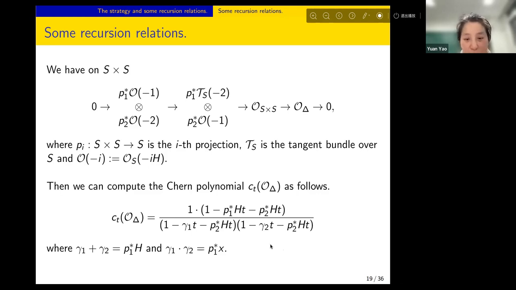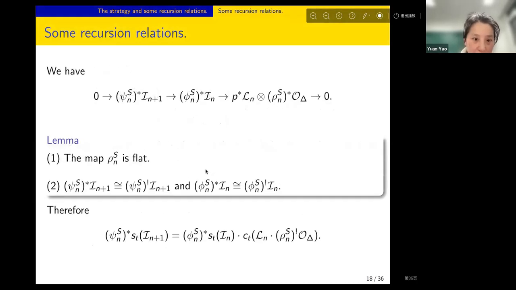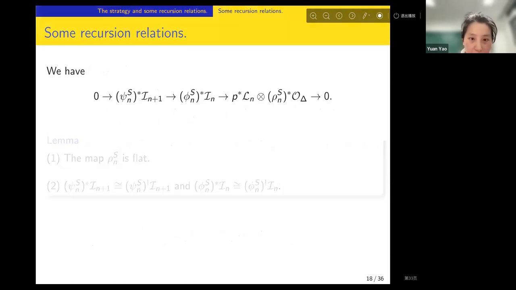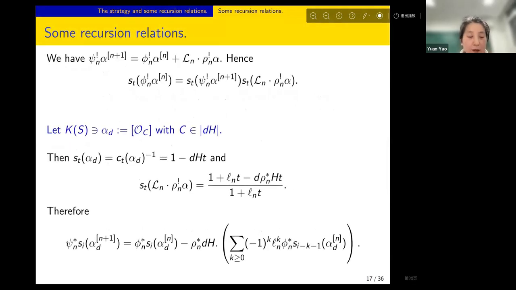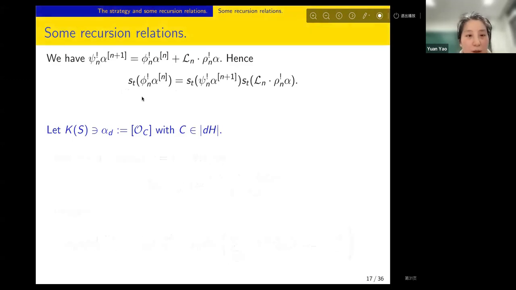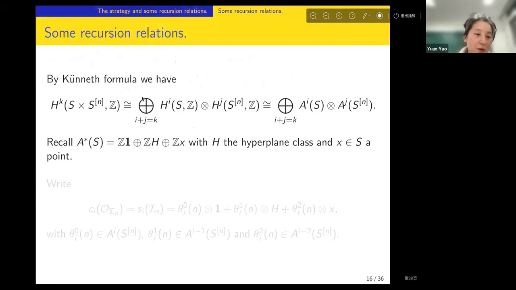But here, if you want to compute other Chern polynomials, maybe you can use this strategy for the P2 case, for the rank 0 case. And if you don't take the top Chern class, but maybe the intersection of other Chern classes, I think maybe it will also work, so not only computing the top Chern class.